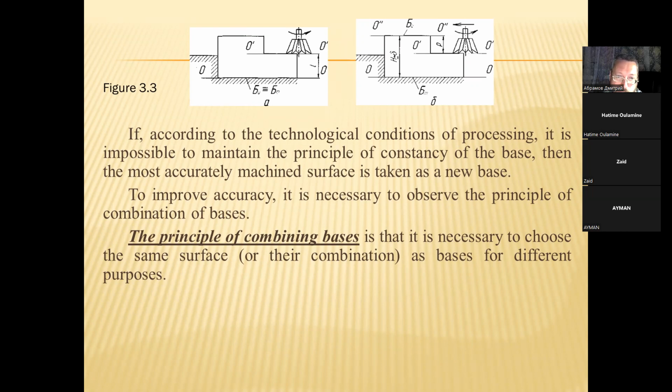To improve accuracy, it is necessary to observe the principle of combination of bases. The second principle is the principle of combining bases. It is necessary to choose the same surface or their combination as bases for different purposes.